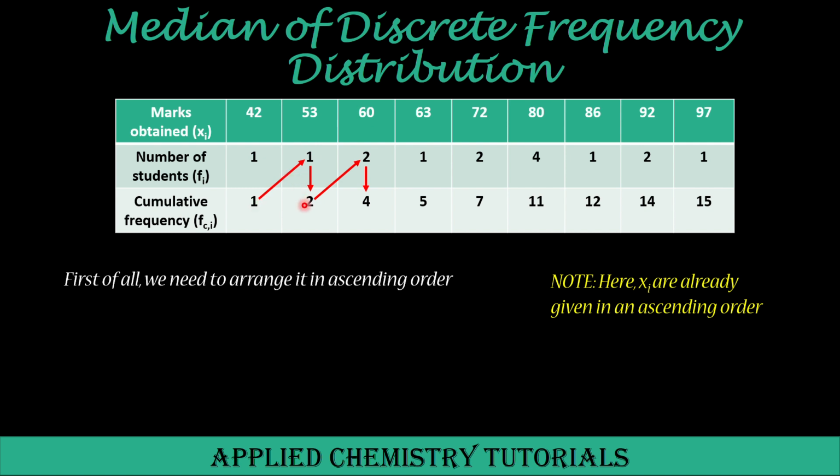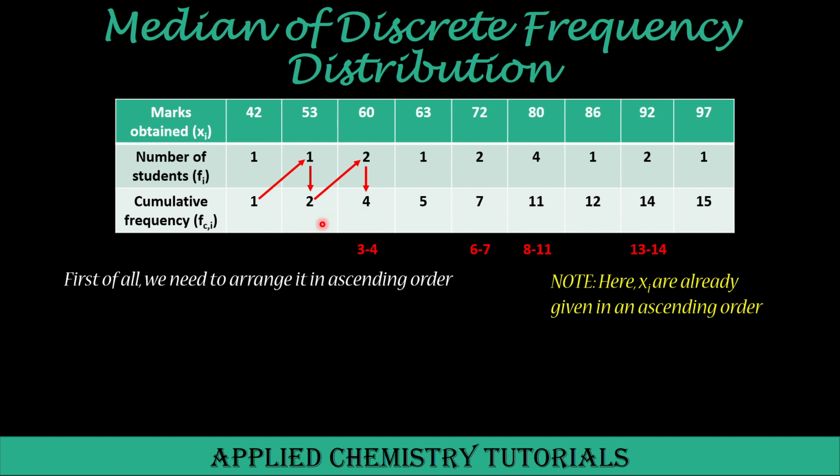So 1 plus 1 equals 2. Similarly, for 60 marks, we have 2 plus 2 equals 4. From here onwards all the cumulative frequency numbers are calculated.